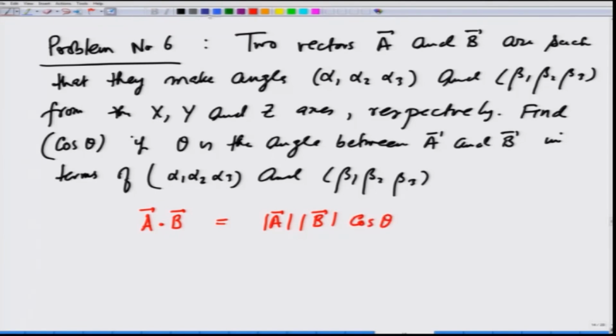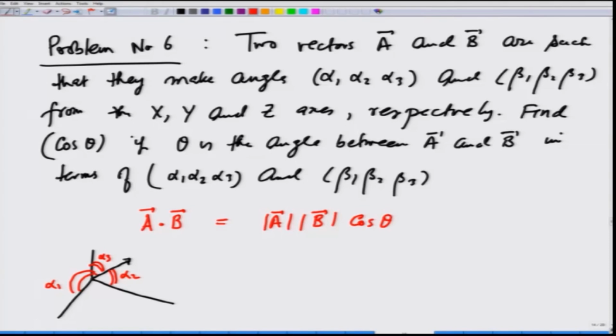Now, what you are given is, suppose I look at vector A, right. This vector A is such that it makes an angle alpha 3 with the z axis, alpha 2 with the y axis, and alpha 1 with the x axis.